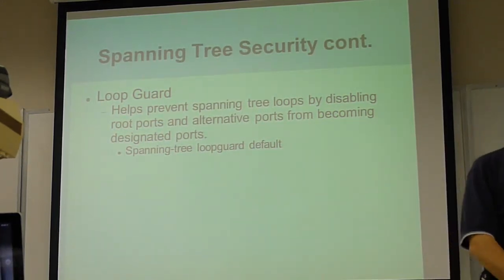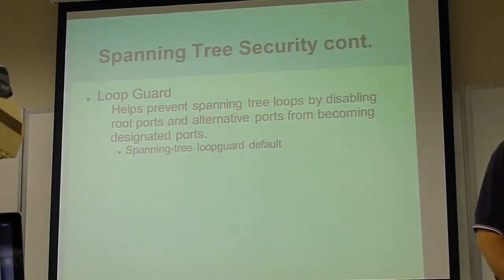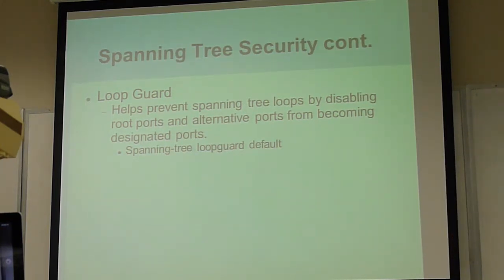It cannot go into blocking state. Okay? So if root ports and alternative ports become a designated port, you can have loops injected into your environment. Loop guard will prevent that.